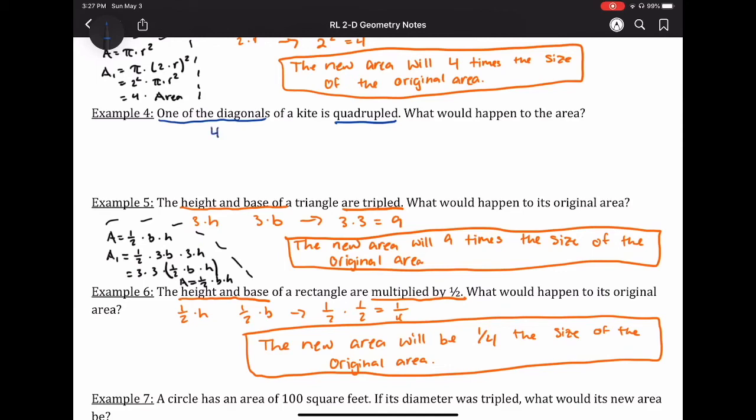So I have 4 times diagonal p. That means that my area has the same effect. So my new area will be 4 times the size. So the new area will be quadrupled.